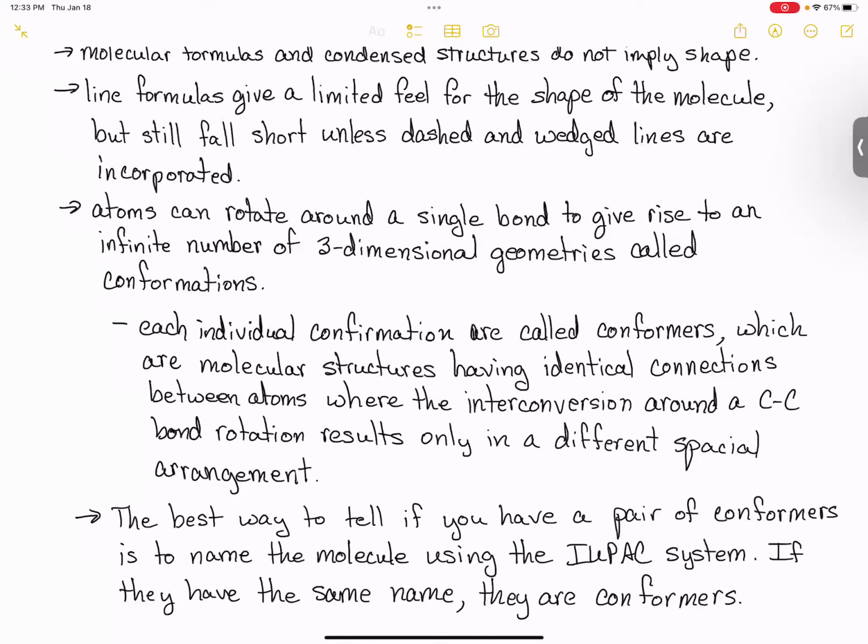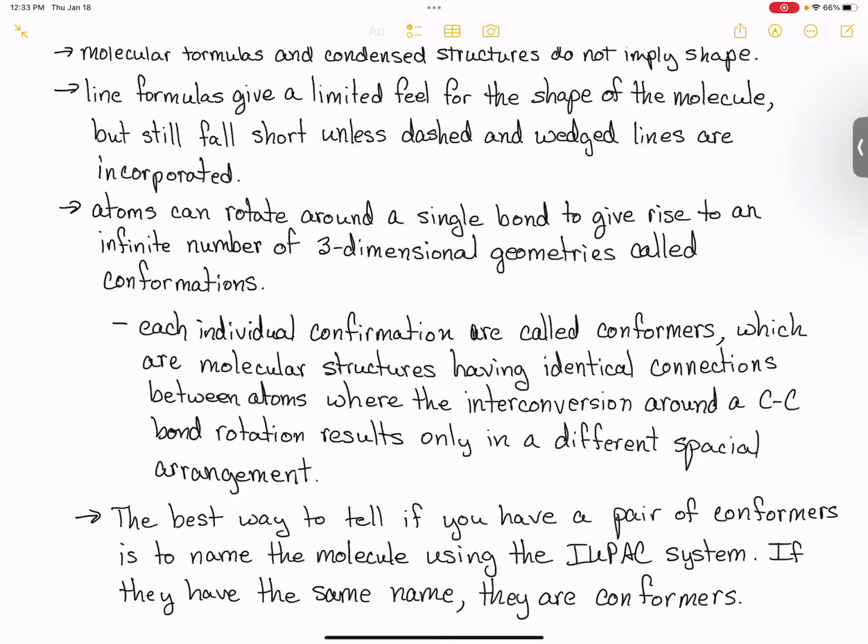So what is the best way to tell if you have a pair of conformers? The best way is actually to name the molecule using an IUPAC system. Because when you name the molecule using an IUPAC system, if they have the exact same name, then they are conformers.